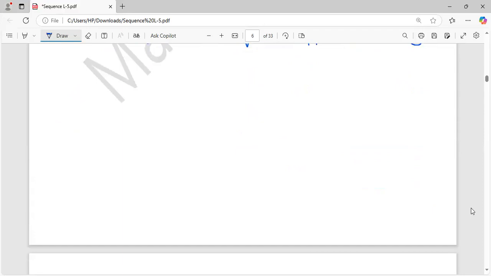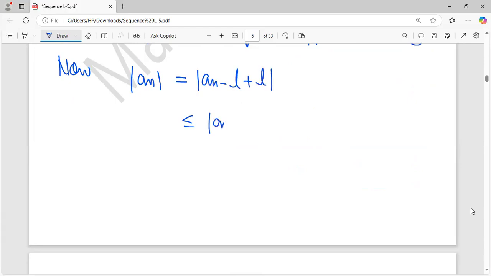Now, the absolute value of an is equal to |an|. I can add L and subtract L. So from the previous inequality, this is less than 1 plus |L|.